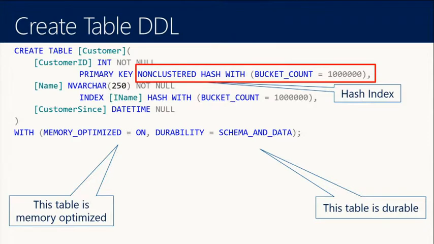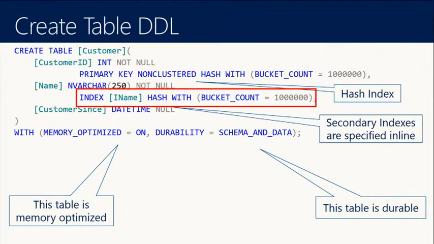But if you do mainly ordered scans or range scans, you want to specify the non-clustered index. Also, one thing to note is here the bucket count. This is a required option with hash indexes that specifies how many buckets there are going to be in the hash table. And I will show you the structure in a second.